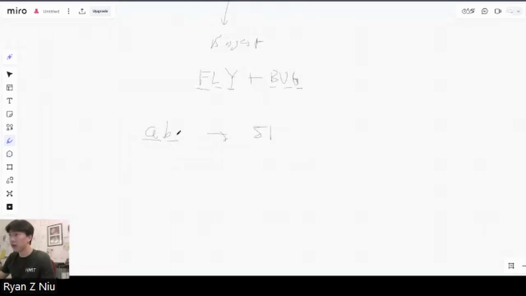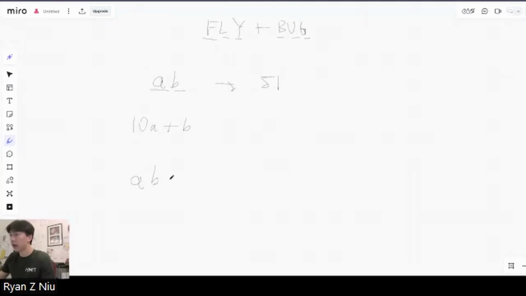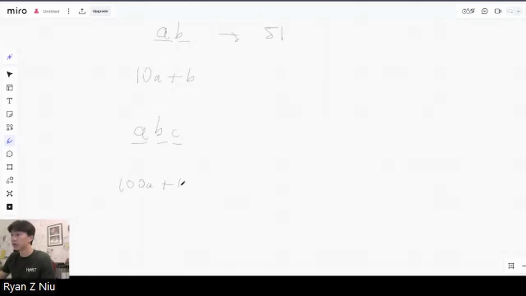Technically AB represents 10A plus B, because A is in the tens digit, so we multiply it by 10 and then we add B. And for ABC, this would be 100A plus 10B plus C. Does this make sense?